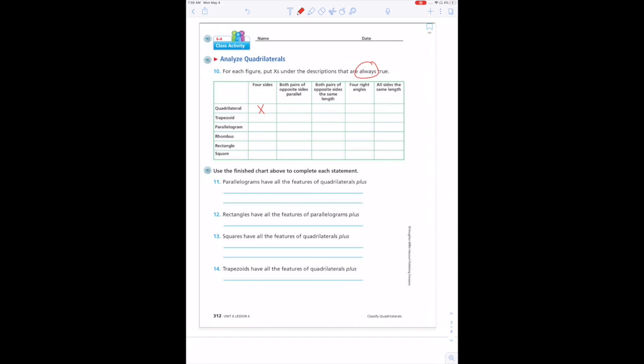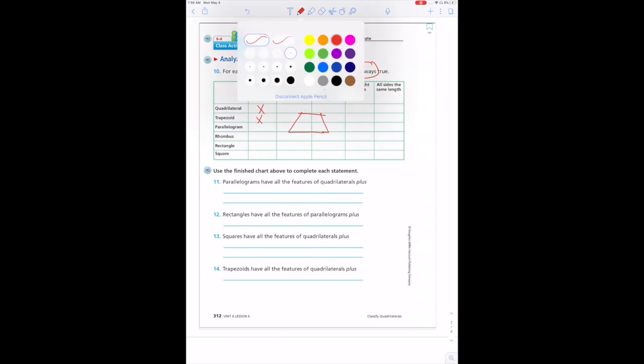Let's talk about a trapezoid. A trapezoid has 4 sides. Both pairs of opposite sides are parallel? That's not true. We only have to have one pair of opposite sides parallel. So in a parallelogram, I'm going to draw right on this. Change colors.